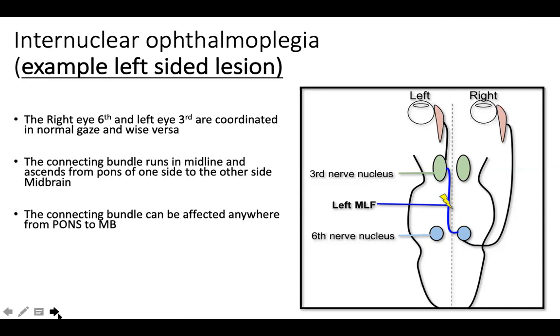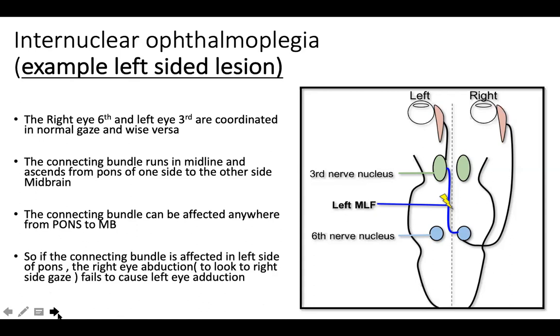These connecting bundles can be affected anywhere from the pons to the midbrain. One important clue is that we always name the side of the INO from the side where there is a limitation of adduction. So in this case, there is a left-sided INO.